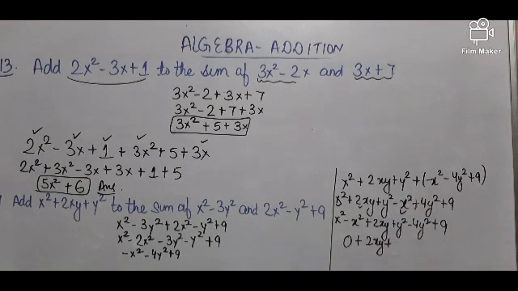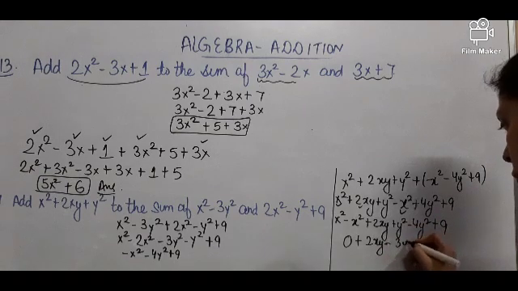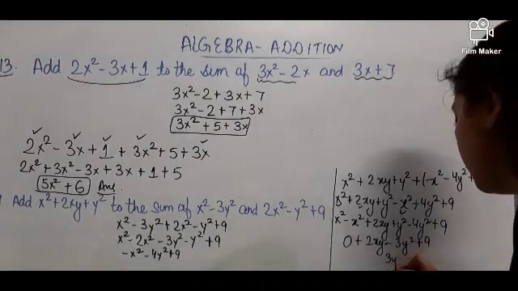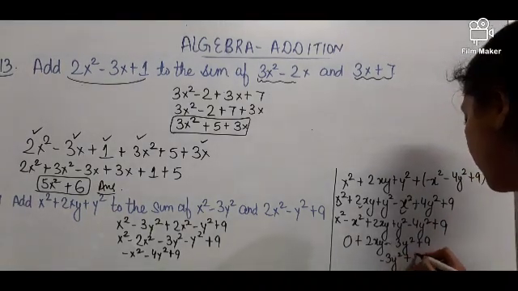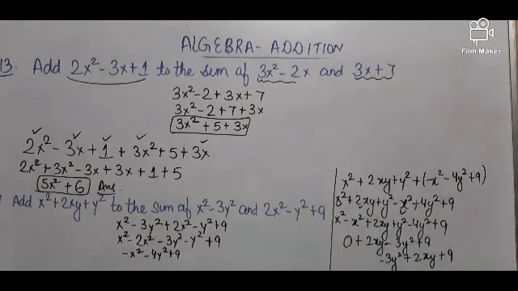One positive and one negative results to negative. So 4 minus 1 is 3 and 4 is preceded by negative sign. So we will have negative 3y square plus 9. So we can write the answer as minus 3y square plus 2xy plus 9. I hope you get this.